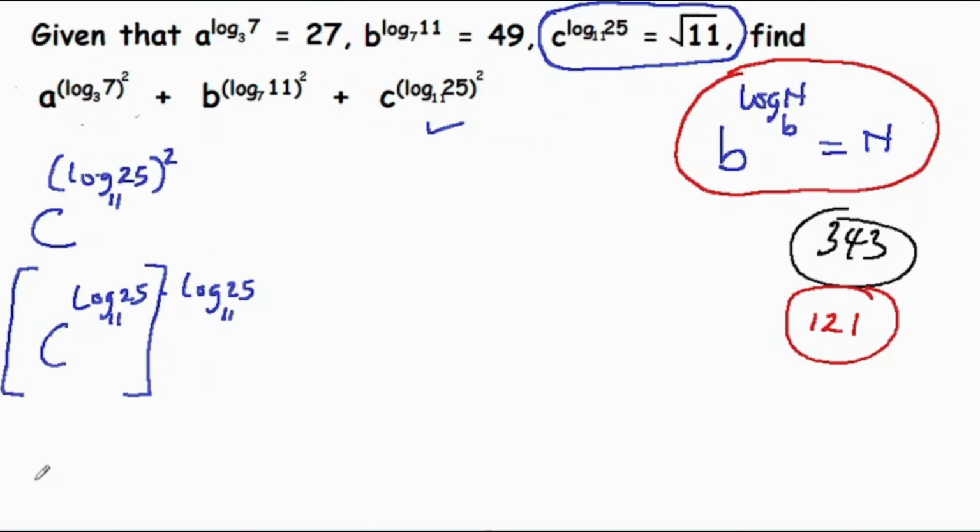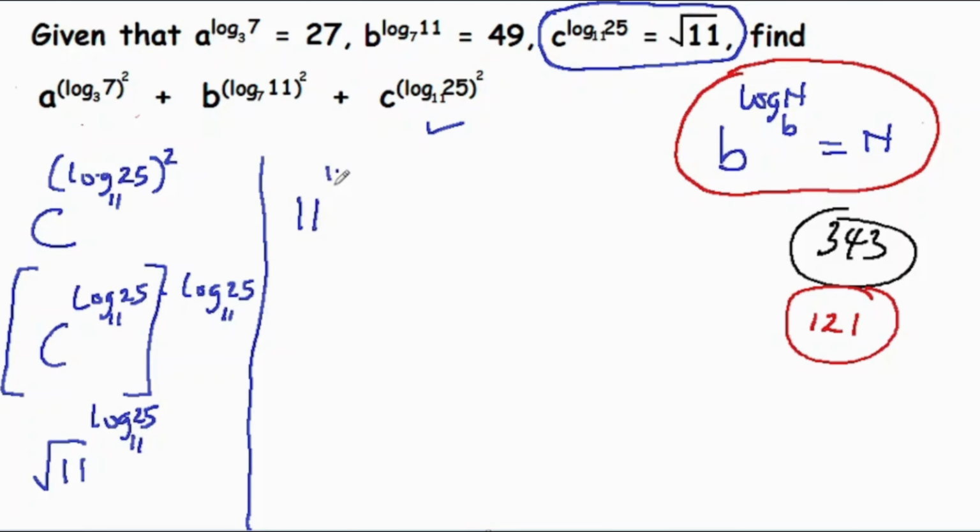So we have the square root, so we replace everything in that parenthesis with square root of 11. Square root of 11, then we're going to have log 25 base 11. Now mind you, square root of 11 is the same thing as 11 raised to power half. So we have 11 raised to power half multiplied by log 25 base 11.